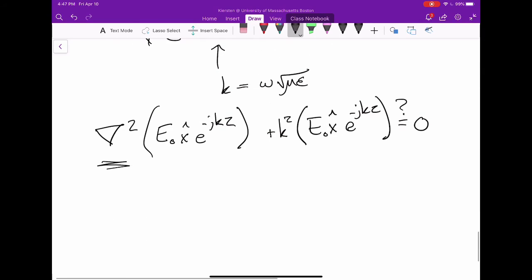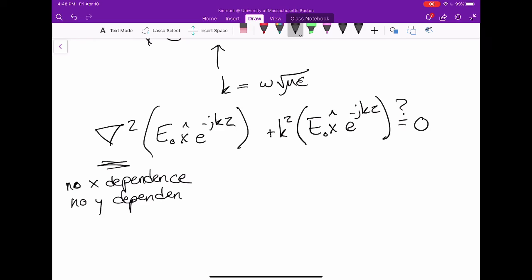This Laplacian, if you remember, does second derivatives along each of the Cartesian directions. So there's no x dependence, no y dependence, because this is an x hat vector, but it doesn't change as you move along the x-axis. It's still x-directed. But there is z dependence.